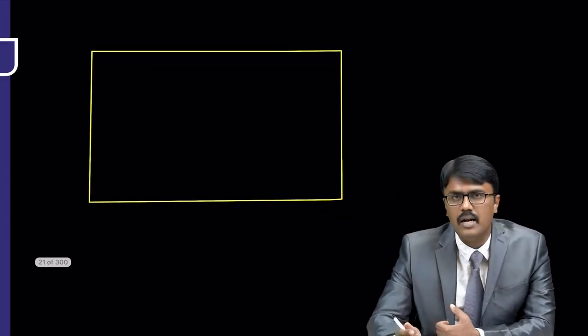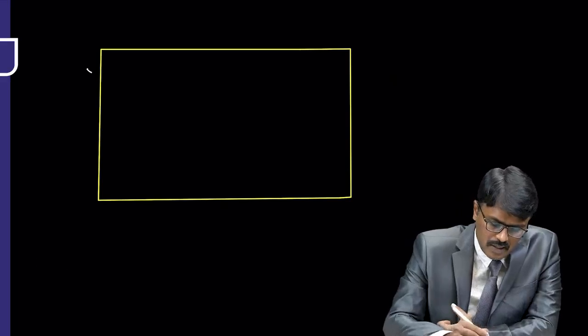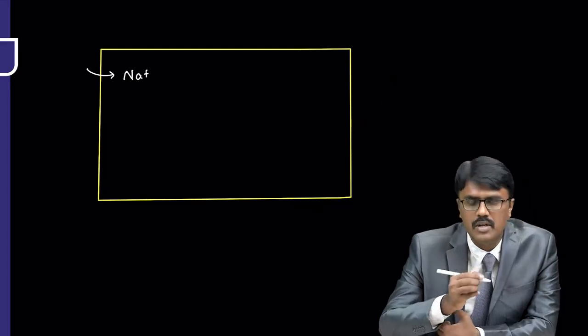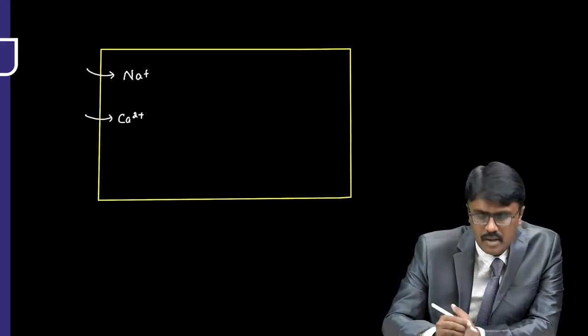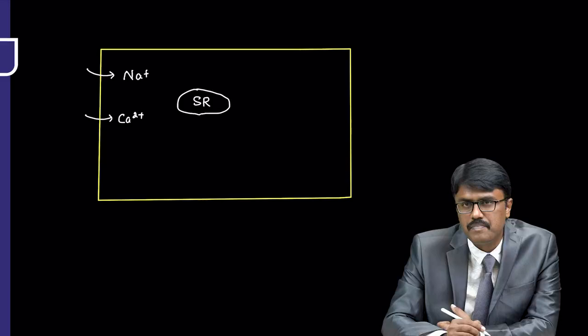Okay, so the cardiac myocyte. Whenever the action potential comes, there is entry of sodium. Along with sodium, there is movement of calcium inside the cell. Calcium is also stored in a reticulum called the sarcoplasmic reticulum.